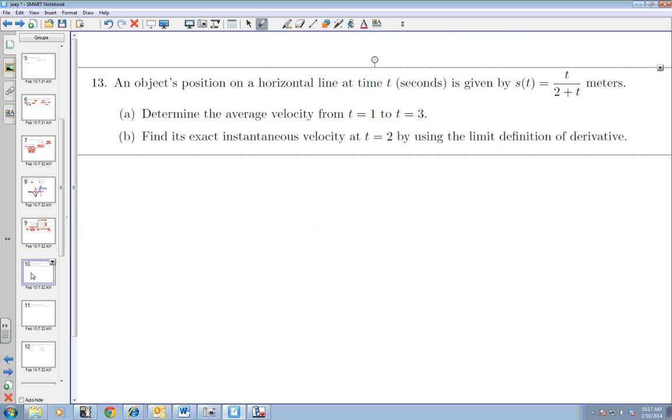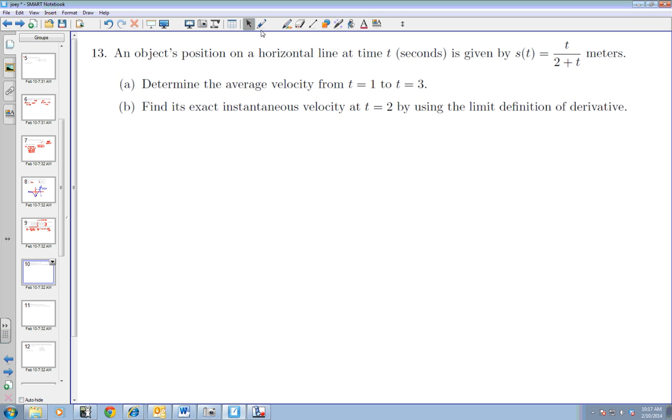All right, the next one, object's position on a horizontal line is given by this. Determine the average velocity. So you should have learned a basic equation for what the average velocity is. It's the change in your position over the change in time.